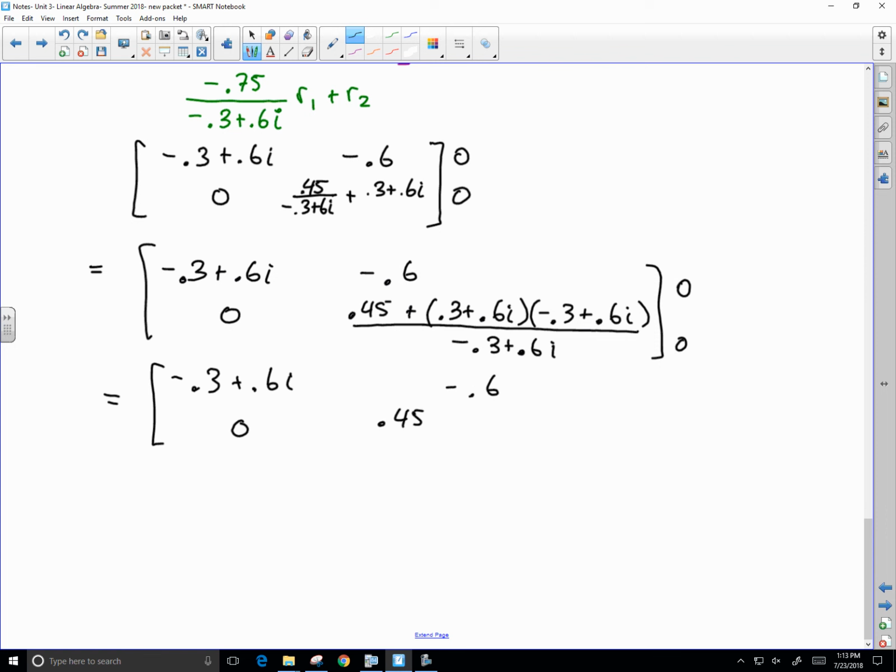So then we're looking at plus first term to be 0.09, negative 0.09. Put it in parentheses. Outers and inners are going to cancel out. Plus 0.36i squared.